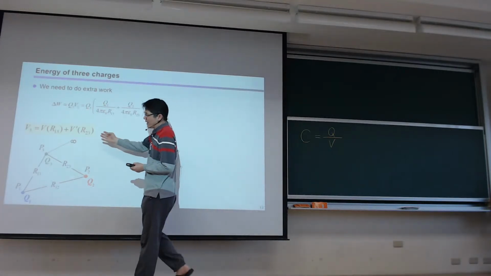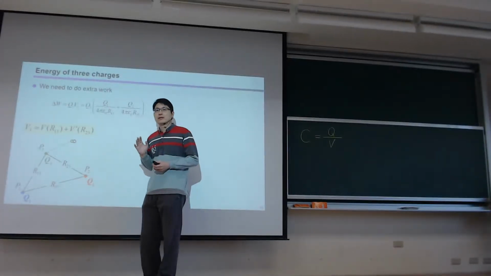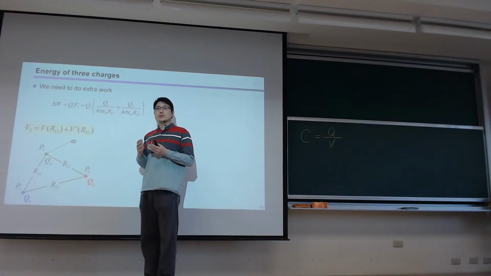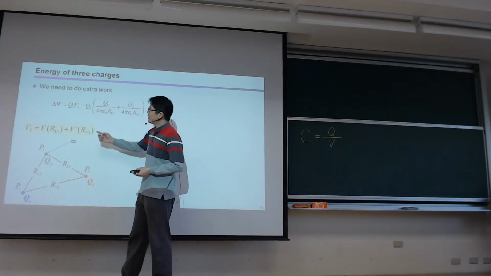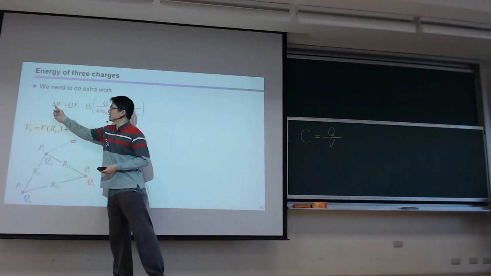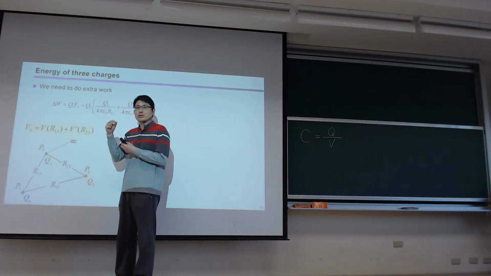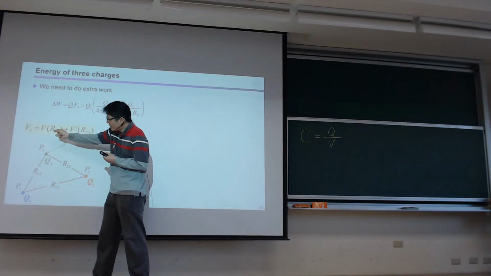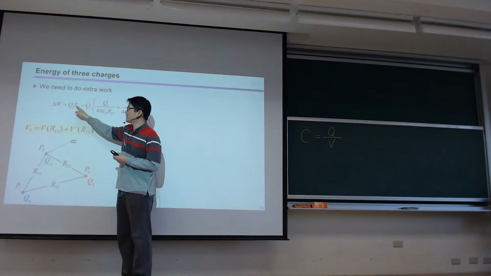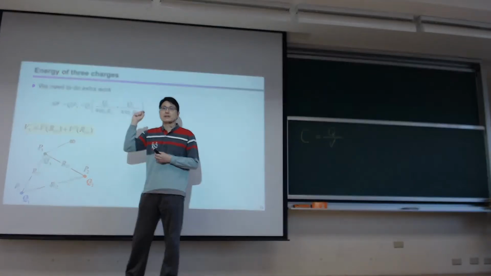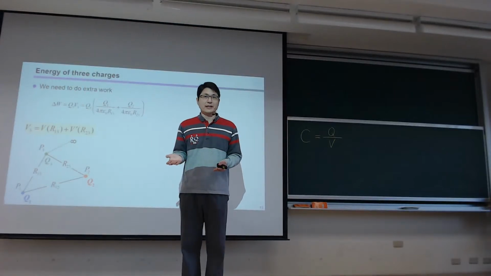So if I add the third charge into this location, I have to do additional work, right? And that additional work, delta W, the additional work that I need to do by bringing the third charge into this location is Q3 times V3.